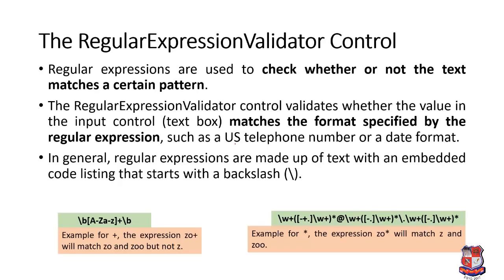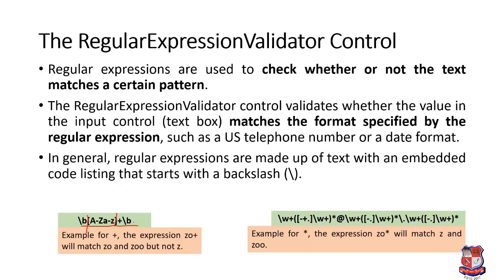In general, regular expressions are made up of text with an embedded code listing that starts with the backslash. Over here we have two examples. We'll start with this first example. Over here \b is known as word boundary and a character class is a set of characters surrounded by these square brackets.